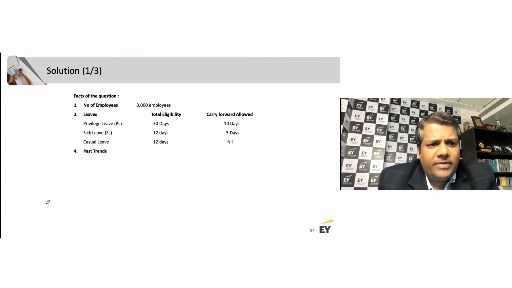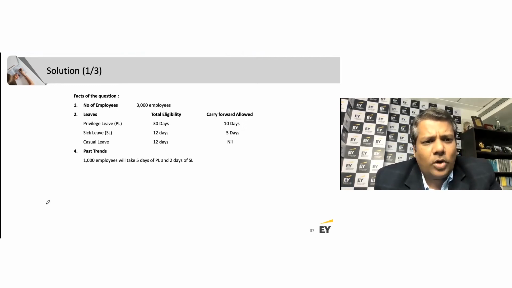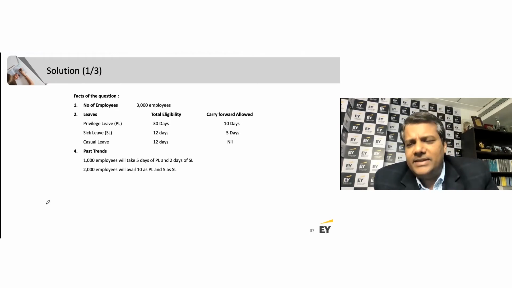And then how much have we availed? The past trends show 1,000 employees will take 5 days of PL and 2 days of SL, and 2,000 employees will avail 10 days of PL and 5 days of sick leave.